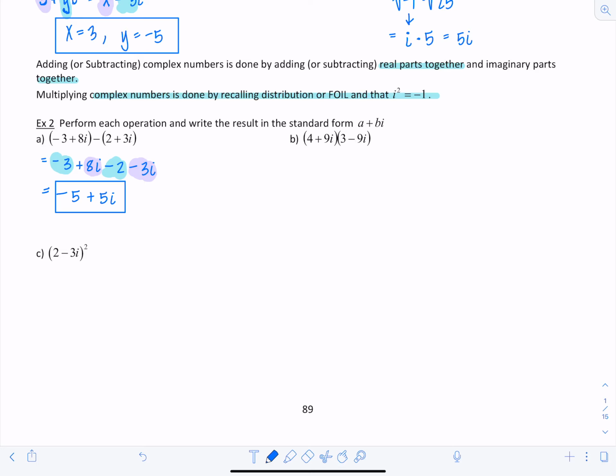This time we have to FOIL. So I'm going to have 4 times 3, that's 12, minus 4 times 9i, that's 36i, plus 27i, minus 81i squared. So from here, I'm going to have 12, negative 36i, plus 27i, that's going to be -9i.